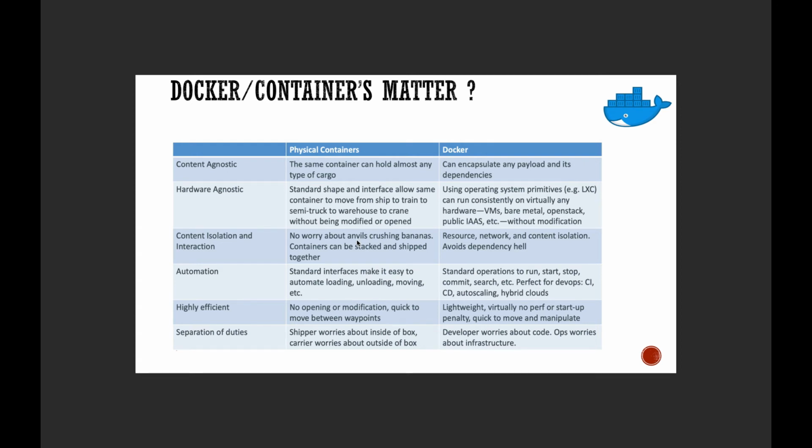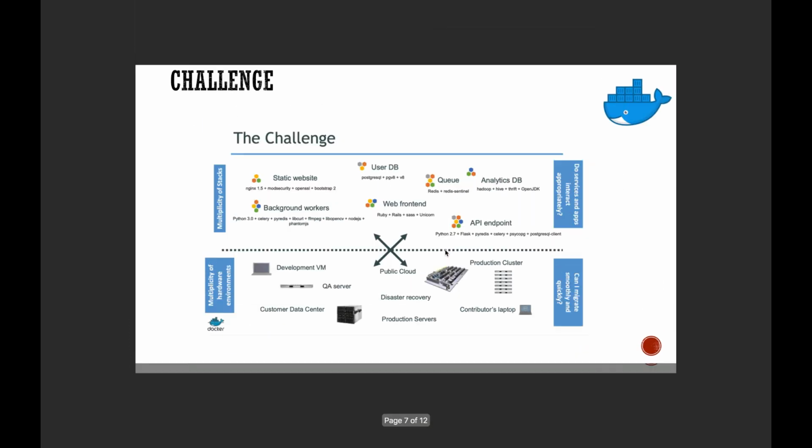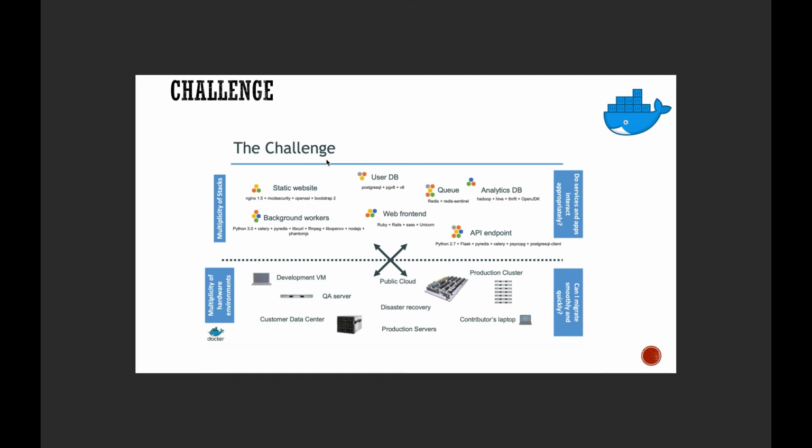It will be transported in a smooth manner. In the case of Docker, we have resource, network and content isolation. Everything is isolated, and it avoids the dependency hell which was there in the primitive architecture without microservices, that is the monolithic architecture.